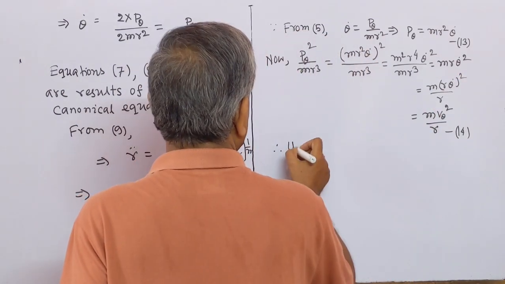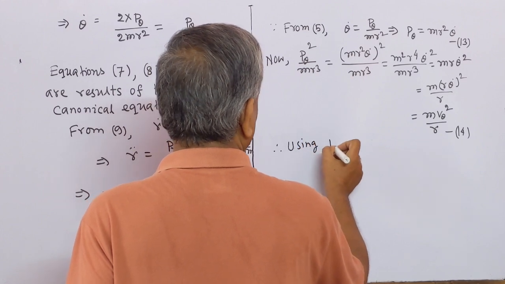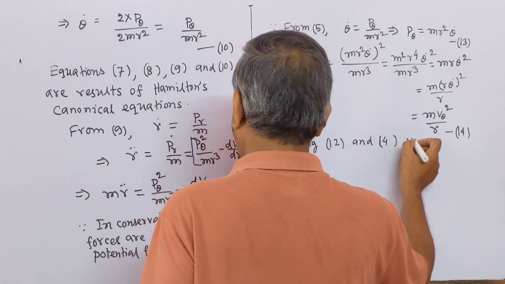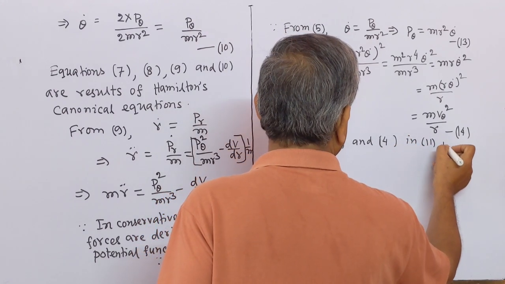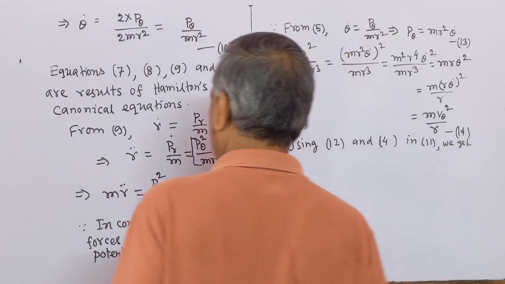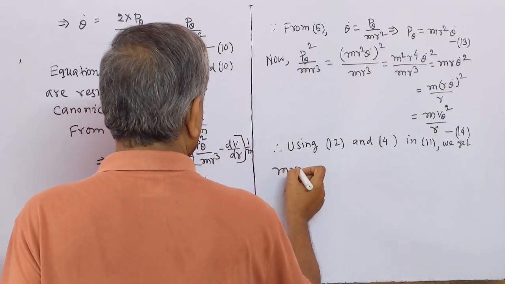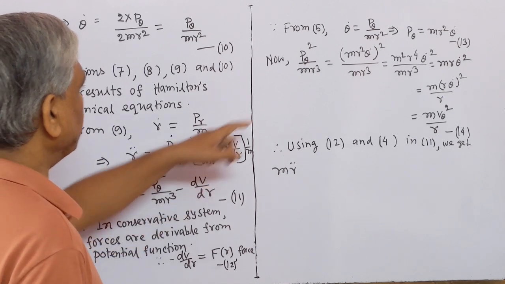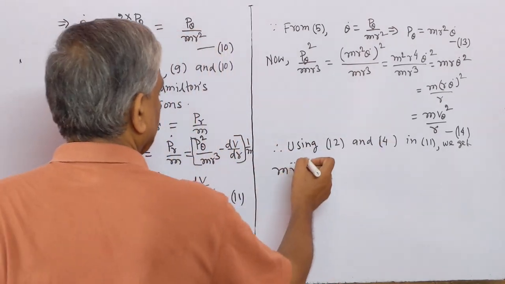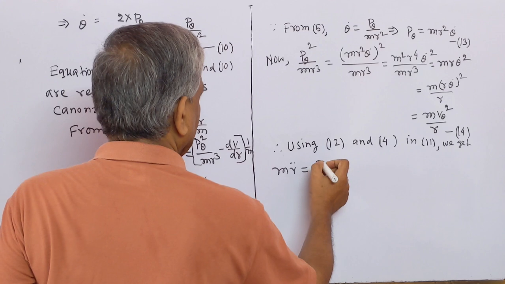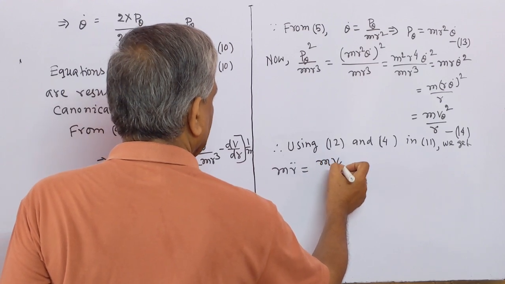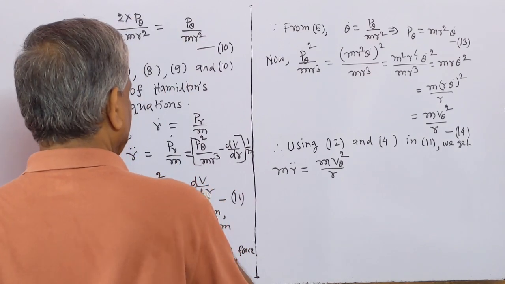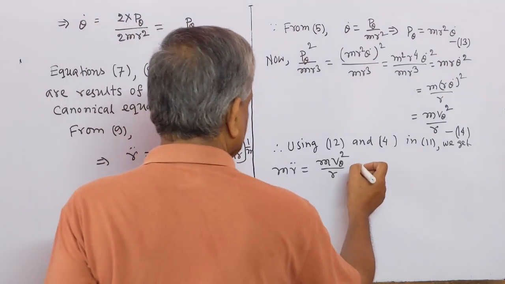Therefore, using 12 and 14 in 11 we get m r double dot equal to, here P theta square by m r cube is m V theta square by r, and minus dV by dr is Fr.